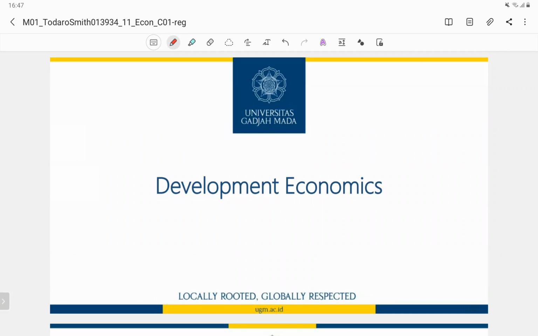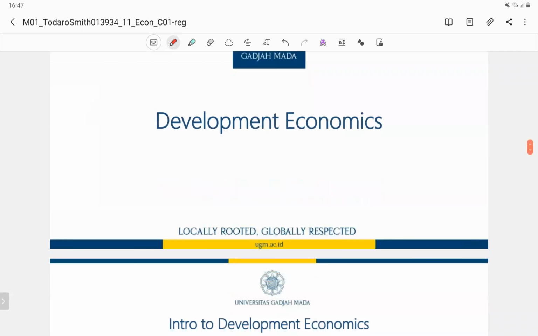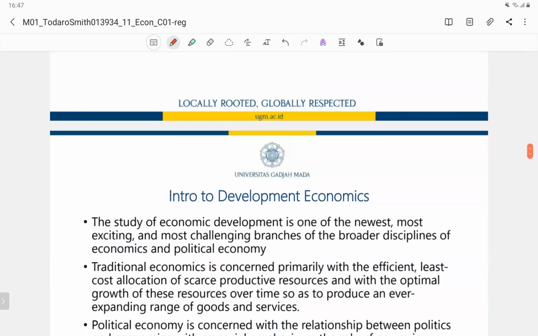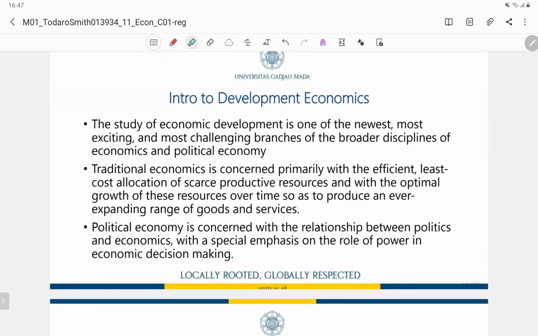Okay, so let's begin. Development economics, this is your first course in development economics. Introduction to development economics. The study of economic development is one of the newest, most exciting, and most challenging branches of the broader disciplines of economics and political economy.